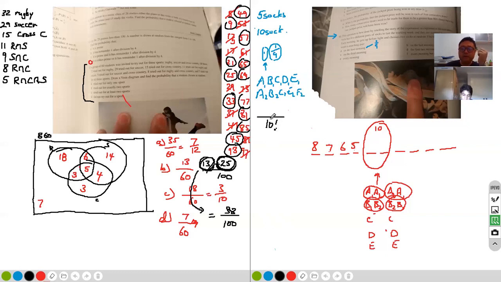But the number of socks that will meet this criteria, we've got to meet the criteria first. So of the 10 socks where we choose 2 that are going to match, there are 10 ways of doing that on day 3. Does that make sense? So we lock in that combination first.